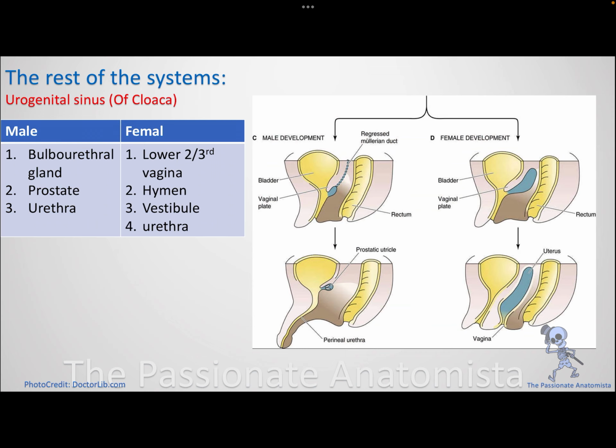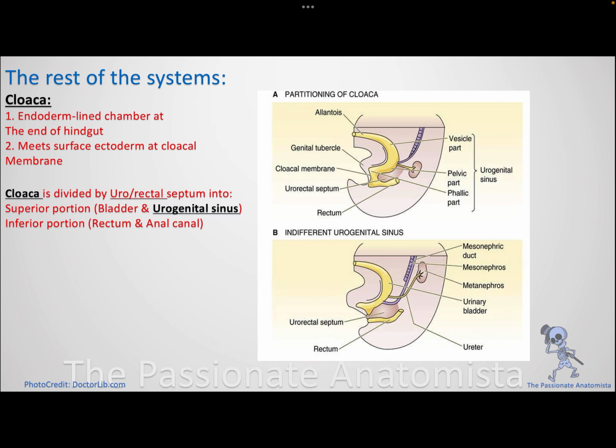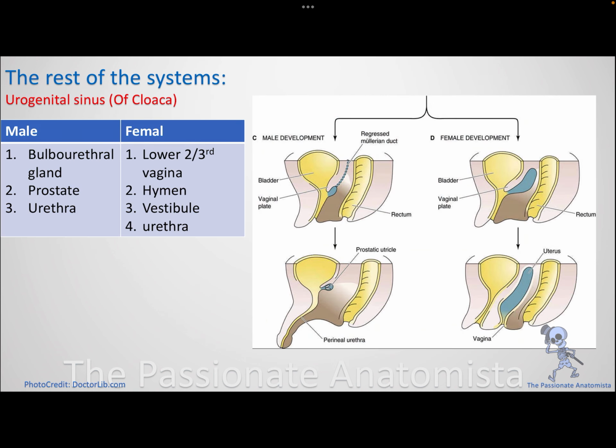Now, if you look at these pictures here, this is the following picture showing you what happens in male development and what happens in female development. In the male development, with the urorectal septum, we had the urogenital part in front, superiorly, and the rectal part at the back, inferiorly, and the same thing happens here.